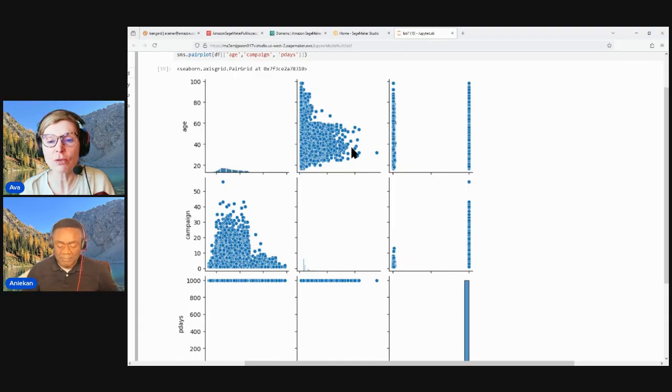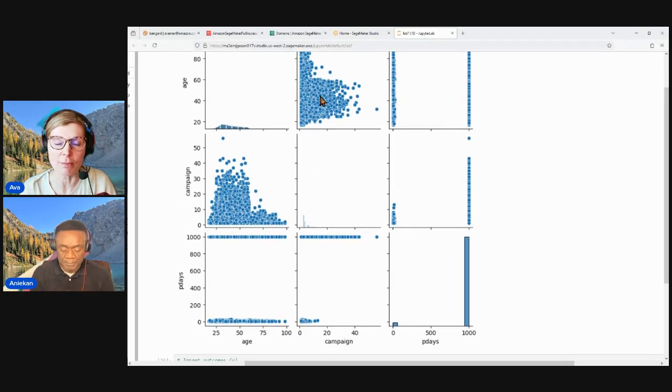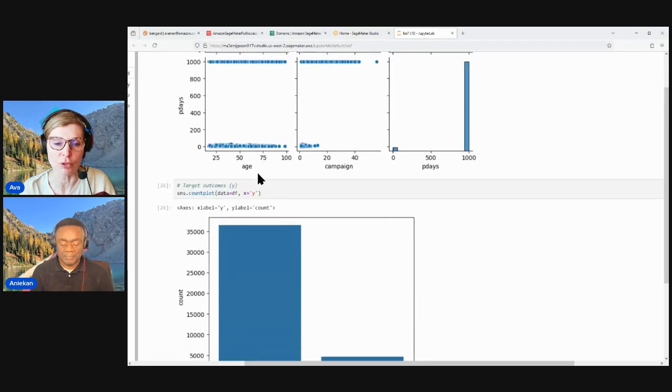Just visually looking at that, I can see here that most of the people who were contacted were 60 years or younger, right? That's just something to keep in mind. We're going to see if it's also replicated in the bias metrics, but that's something I'm calling out here. Of course, we can keep on going, but that's one data point to note.